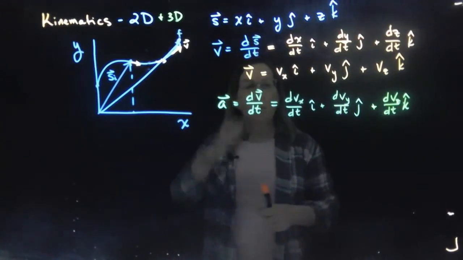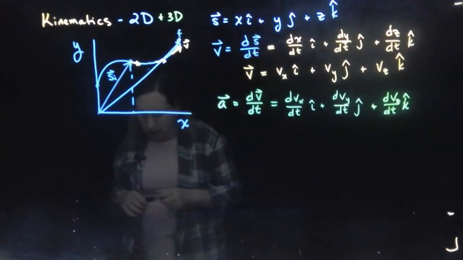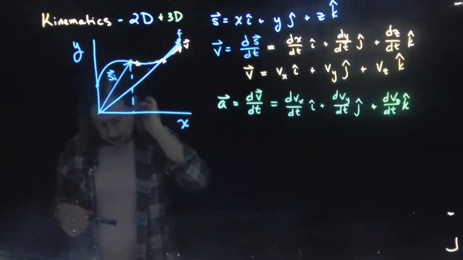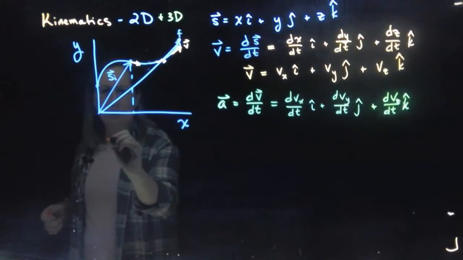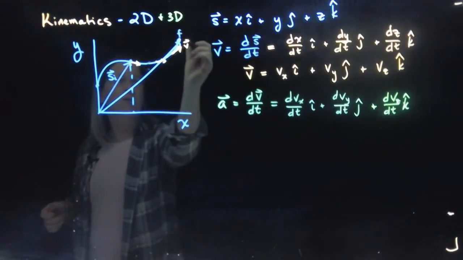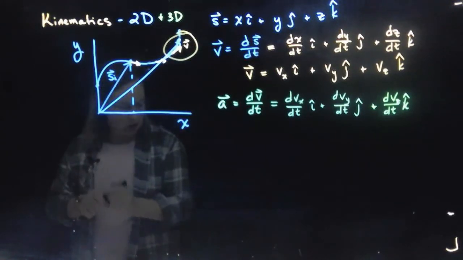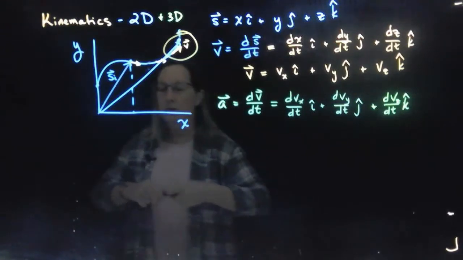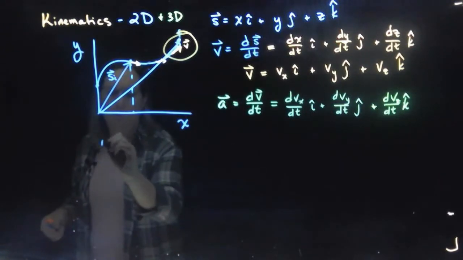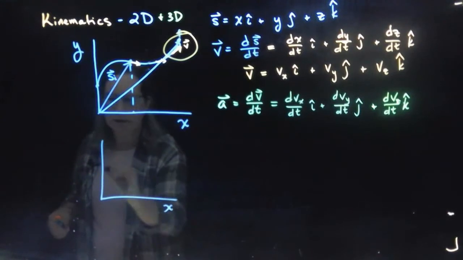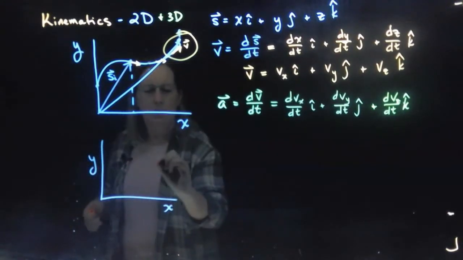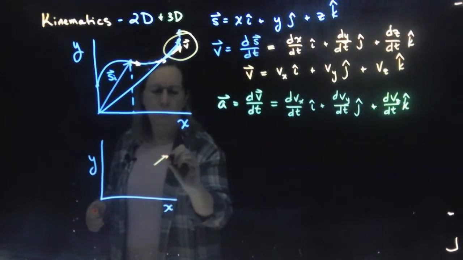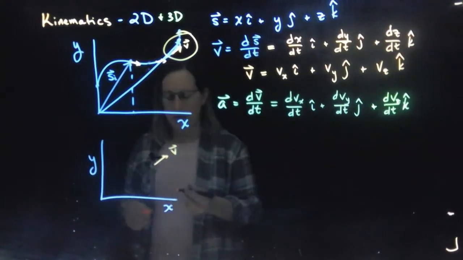Okay, so when we look at these components that we're interested in, let's zoom in right here. So we've got x and y, and I want to just look at the velocity vector. So that velocity vector right there, that's v, and it points in that direction.